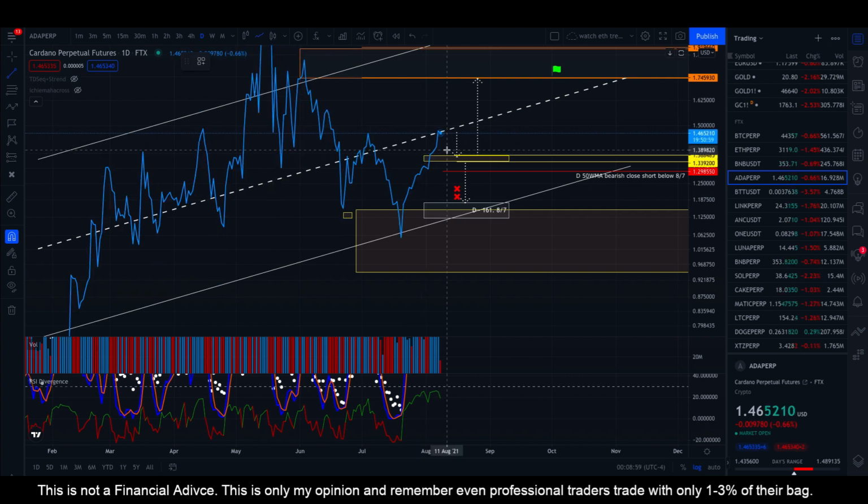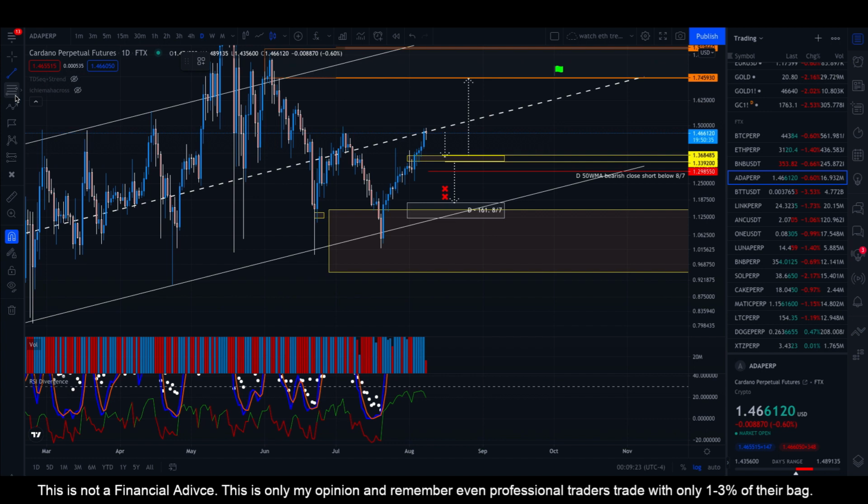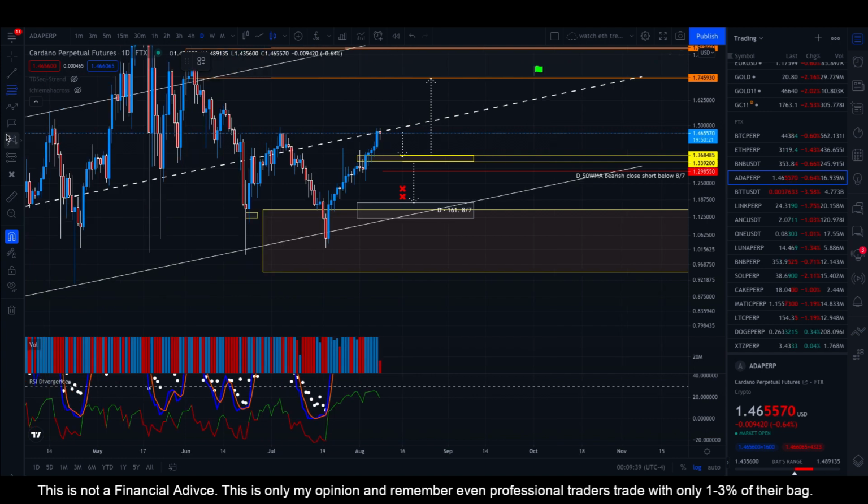So here's what you can do. Right now, I'm leaning more towards a shorting move. All right, here, short move right here.